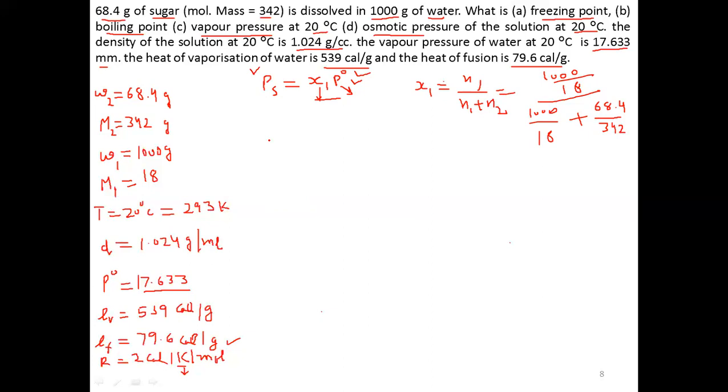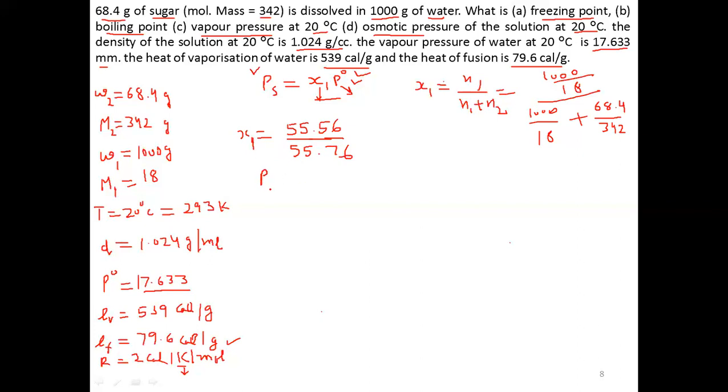So x1 will come out to be 1000 by 18, which is 55.56, divided by 55.56 plus 0.2, it will be 55.76. So this is the mole fraction of solvent.